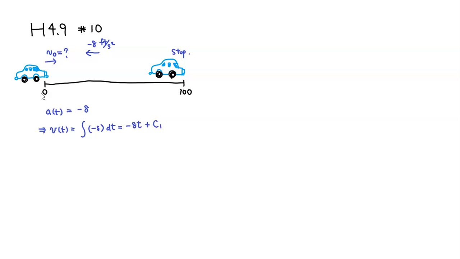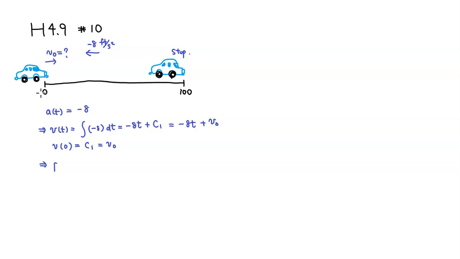But the initial velocity is v0, so v of 0 is equal to c1, which is v0. So the complete formula of the velocity function is negative 8t plus initial velocity v0, which we don't know yet.